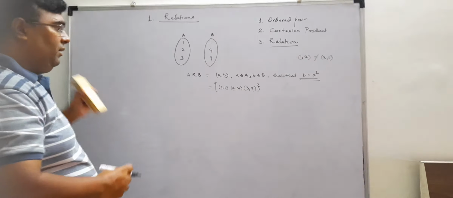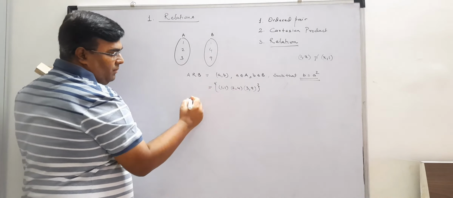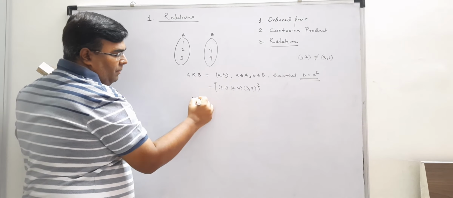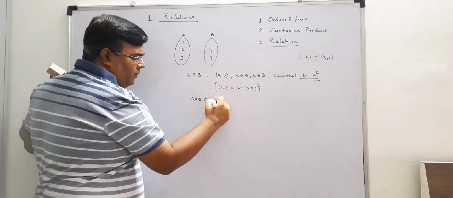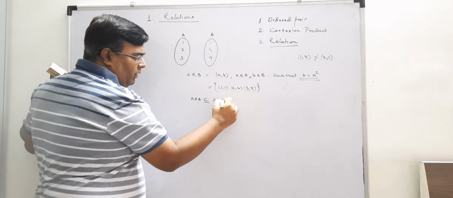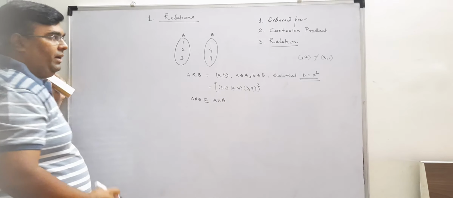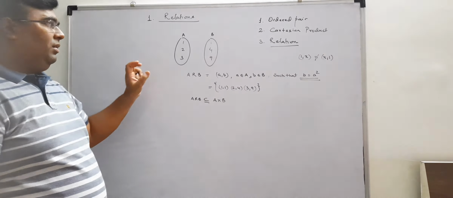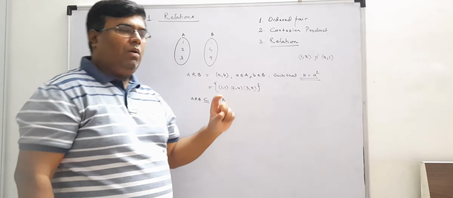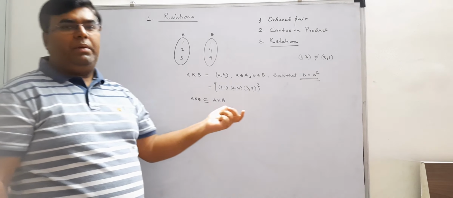So we can say that ARB is basically a subset of A cross B. In Cartesian product we don't bother whether they follow any relation or not. We just make ordered pairs.